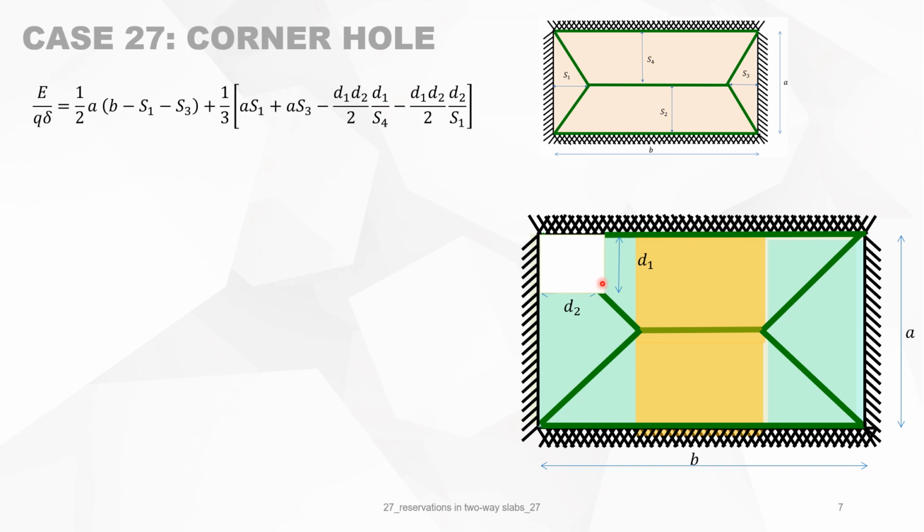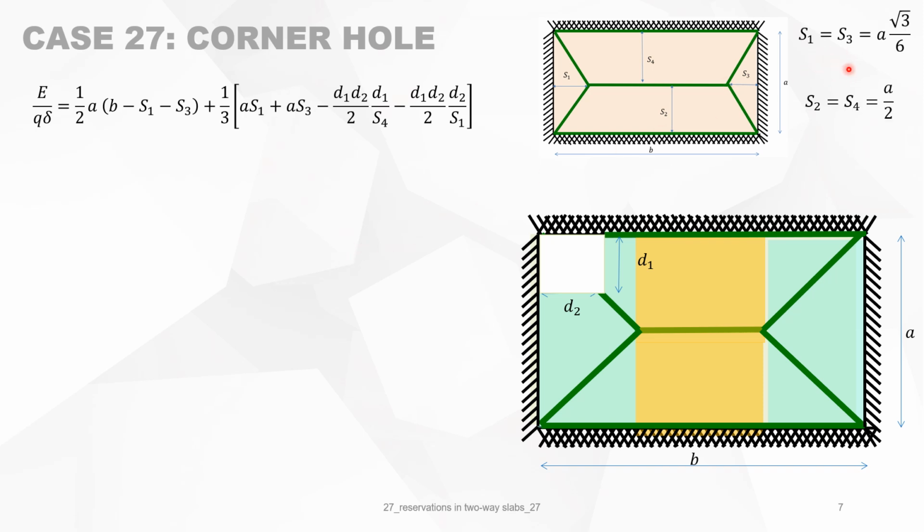First portion is d1 times d2 divided by 2, which is this surface, and the maximum deflection is delta d1 over s4, because it's rotating about this axis. So that's this portion. And we subtract also the other side, which is rotating about this axis. So it's d2 times d1 divided by 2, and the maximum deflection there is delta d2 over s1.